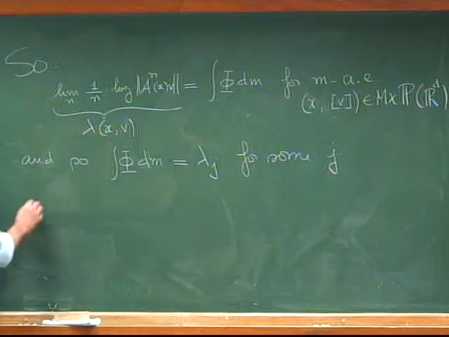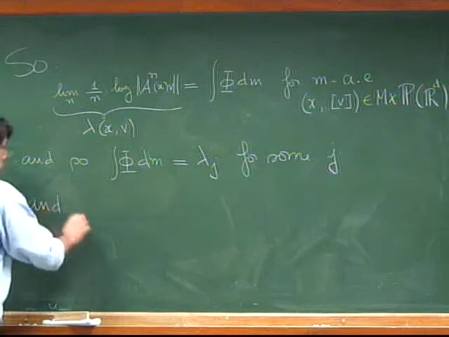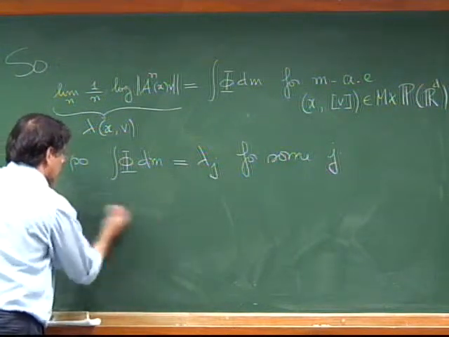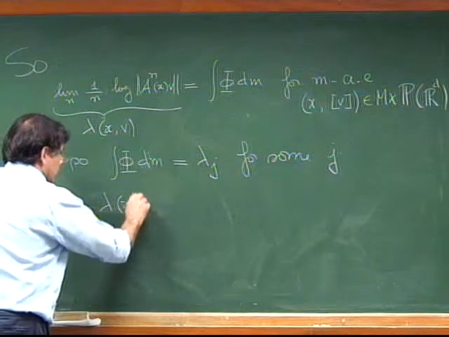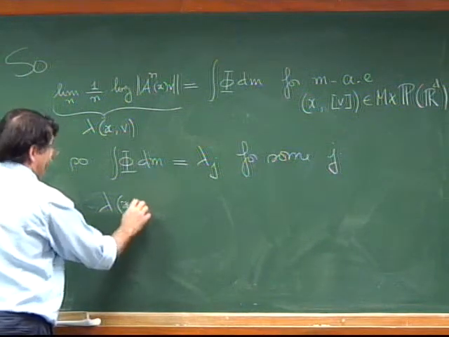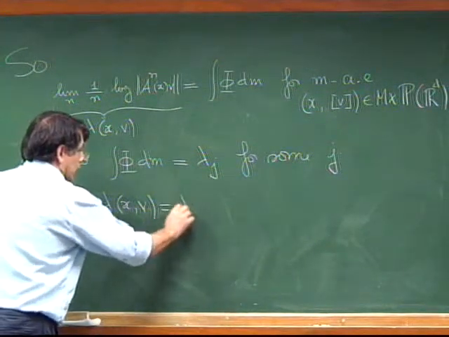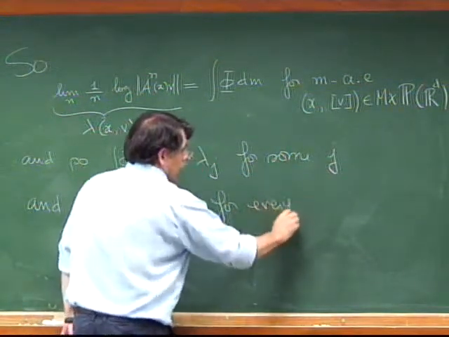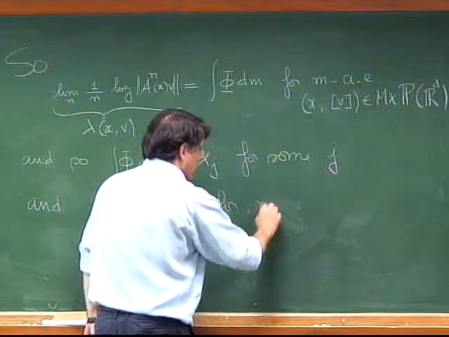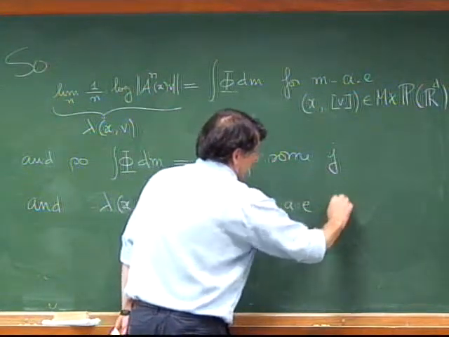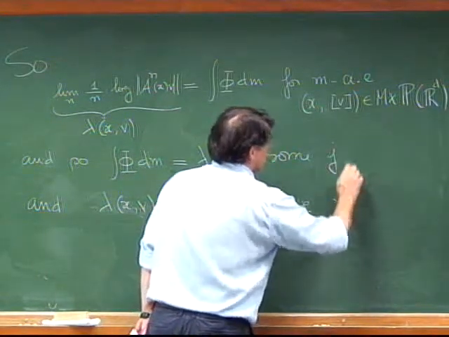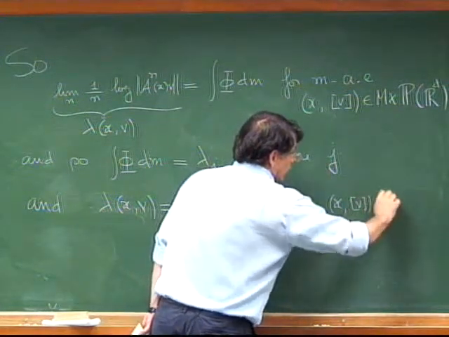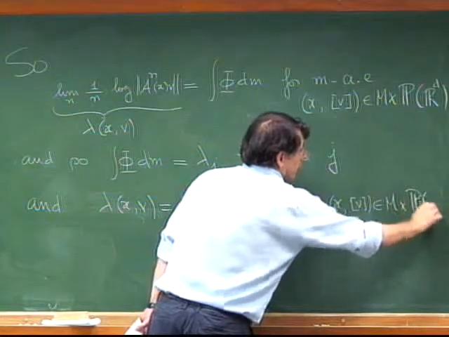And the limit of lambda x v is equal to this lambda j for m almost every x v in M cross projective space.